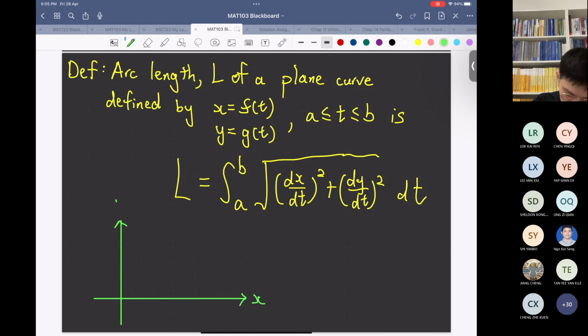Say we have our xy plane, and then we have a particle moving around like this. So we want to find the length of the arc. We call it arc length. A priori, we only know how to measure a straight line. So we can use straight lines to approximate the curve. Any question?